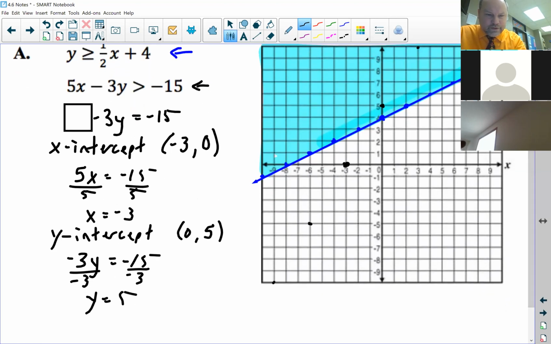And I can draw that line then, and it's going to be a dashed line.